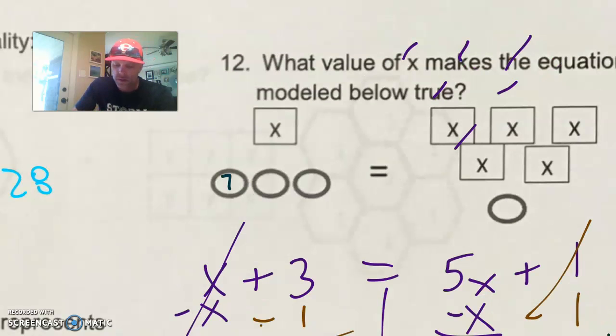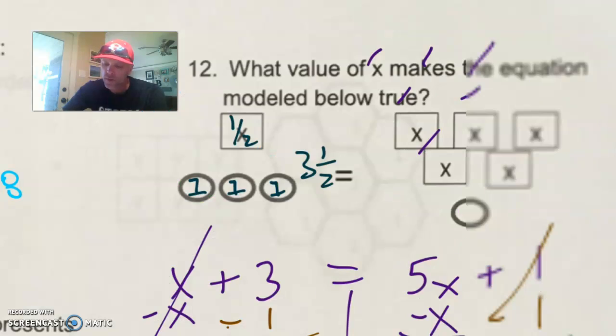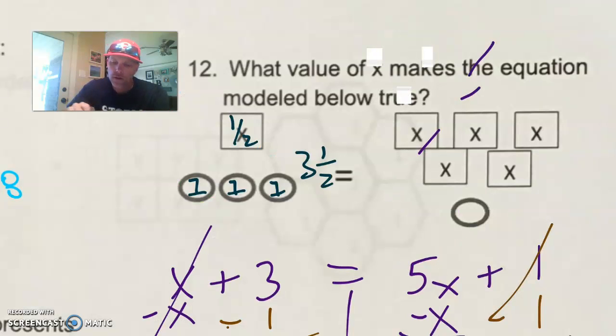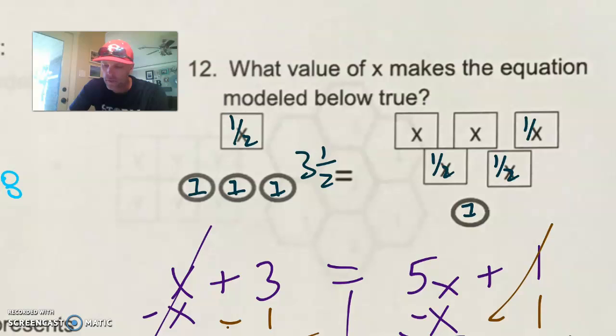So this is 1, 1, 1. That's a half. So what does that equal? That's 1, 2, 3 and a half, right? Okay. And get rid of these little things. This is 1, and this is a half, half, half, half, and a half.